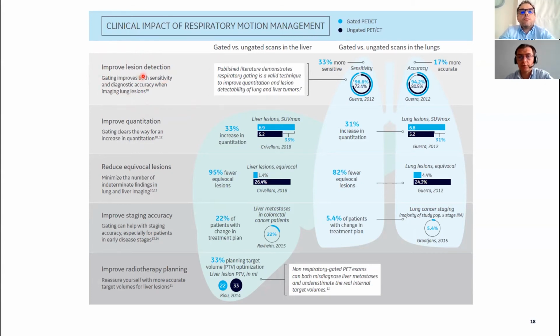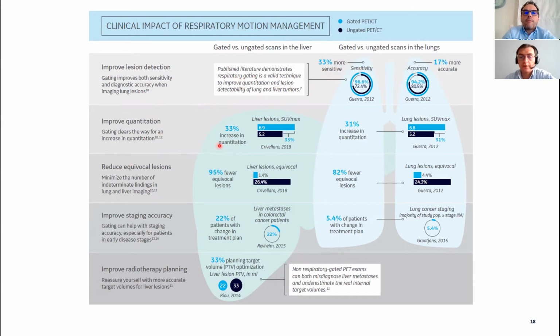And that is extremely important, as thanks to that, sensitivity of PET scanning is increasing by even more than 30%. So that is extremely important. Thanks to using this technique, we are able to define more small lesions. An extremely important fact is also improvement in terms of quantification.